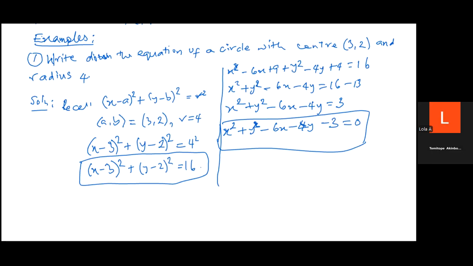Okay. So let's see the second example. Let me scroll up. Number 2.